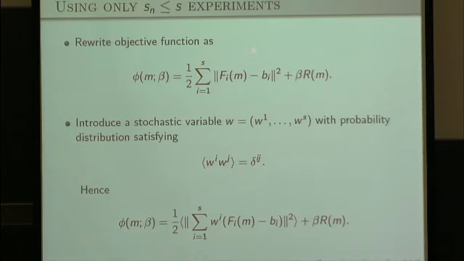Okay. So here's the objective function. Once again, what we had before was the norm of f minus b. Now let's write it per experiment. Okay, so this is the sum over the experiments of the corresponding misfits, the norm of the misfits.